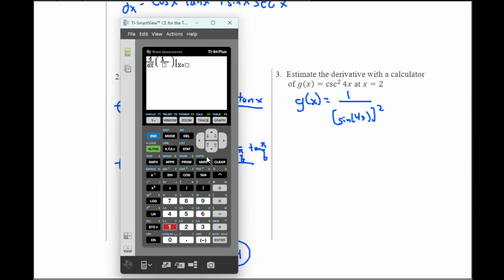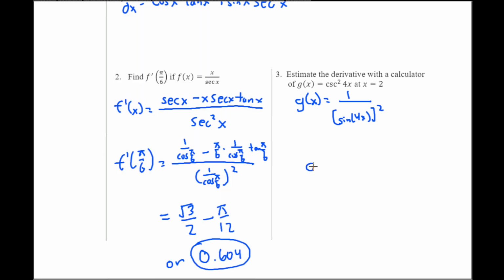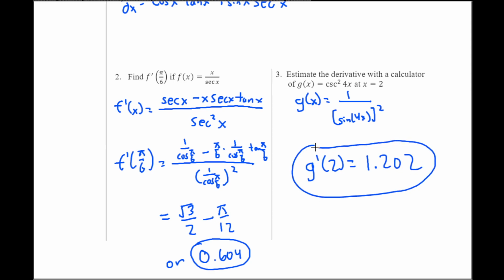Now we can just enter 1 over sine of 4x, squared, at x equal to 2. And your answer should be 1.2019, which rounds to 1.202. So we can say g prime of 2 is equal to 1.202. Just like that.